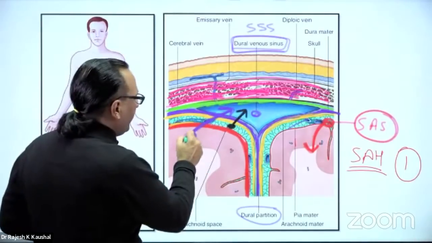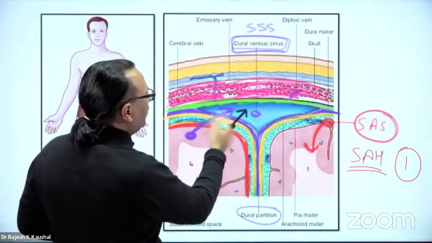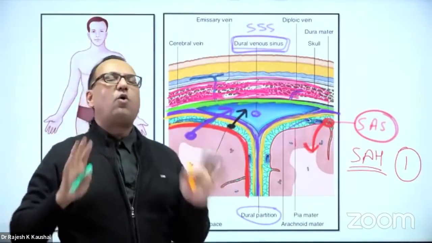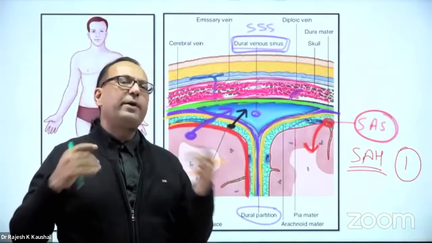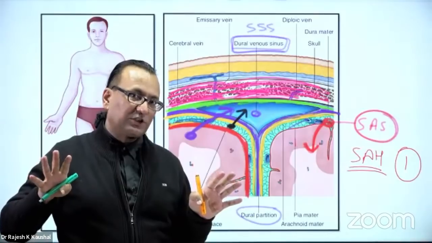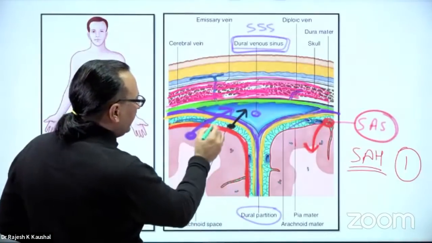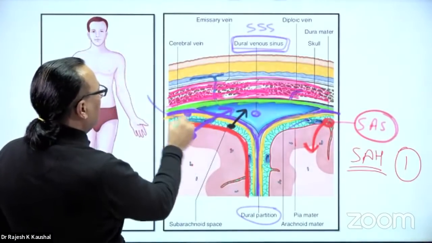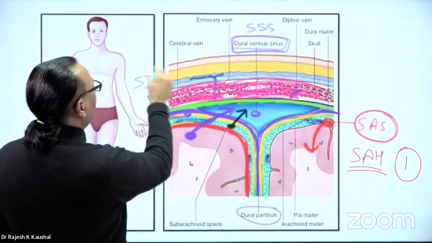When the superior cerebral vein is draining into the dural venous sinus, it can bleed. Old people mostly, maybe chronic alcoholics, keep bleeding through these veins. This blood is under the dura mater, and we call it subdural hemorrhage.